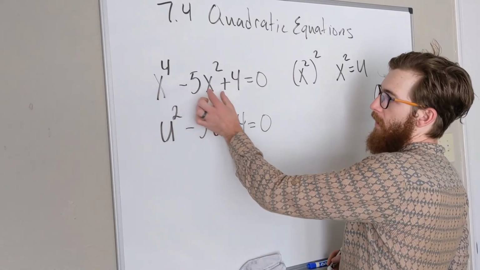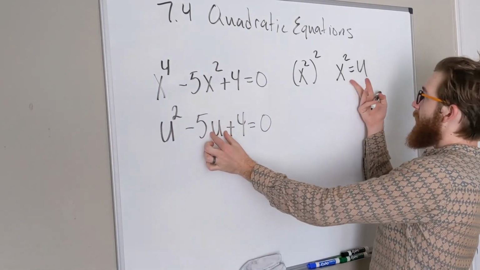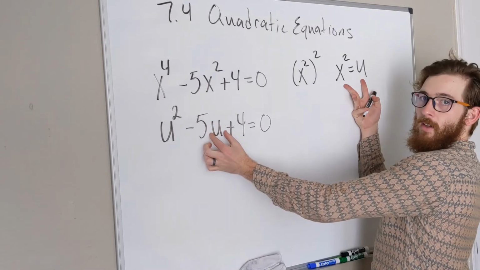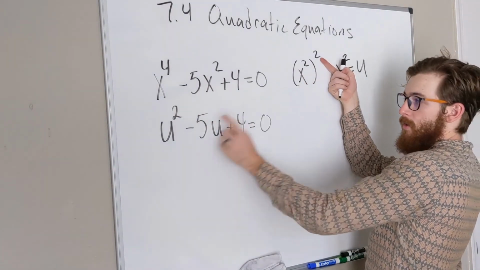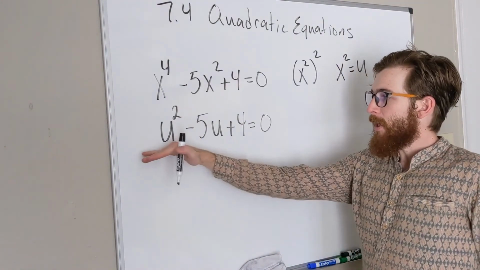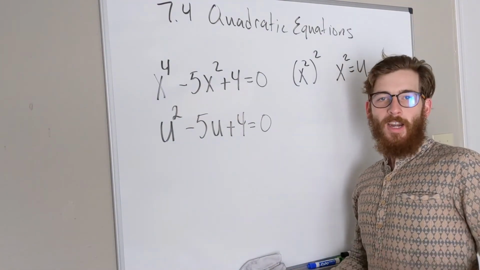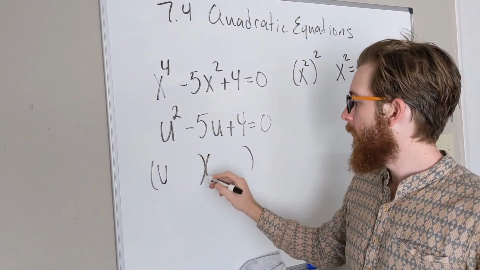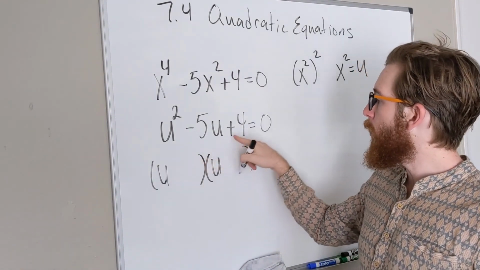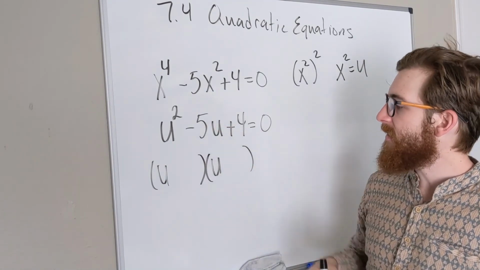Well, x squared is u. I said that, so this becomes this. But u squared is from x squared squared, so u squared. Now I can treat this like any other quadratic function. I can factor. Okay, what multiplies to 4 but adds to negative 5?